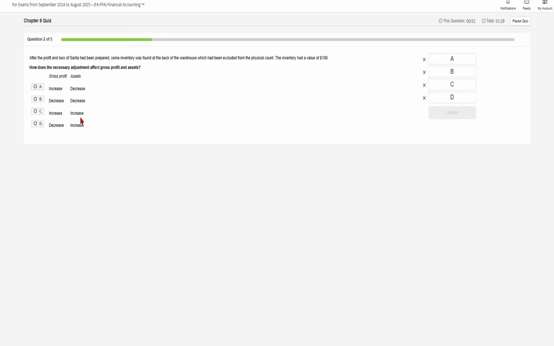Now for the gross profit part, inventory, that means closing inventory, is also part of the cost of sales. And how do we calculate the gross profit? Sales minus cost of sales. And the cost of sales formula is opening inventory plus purchases minus closing inventory. So if we consider this 100, our closing inventory will increase.